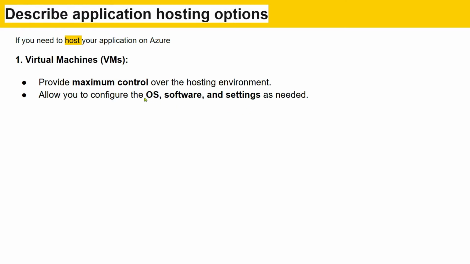It allows you to install your own OS, install your own software, and enable the settings as you need. This is a very familiar option when someone is transitioning from an on-premise data center to the cloud.